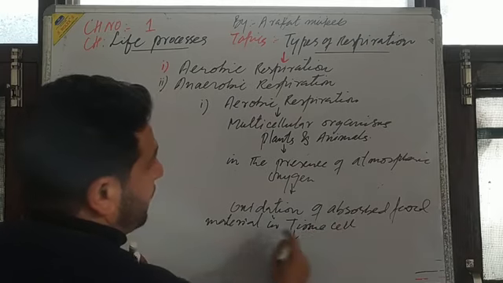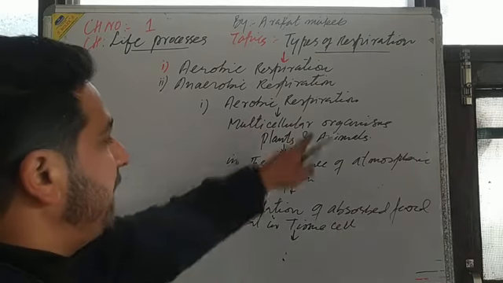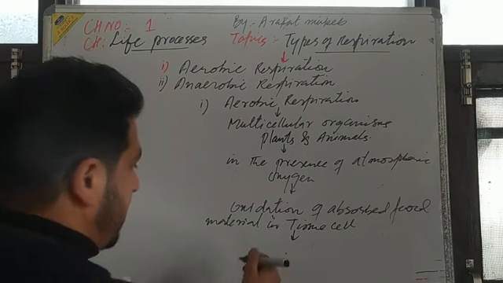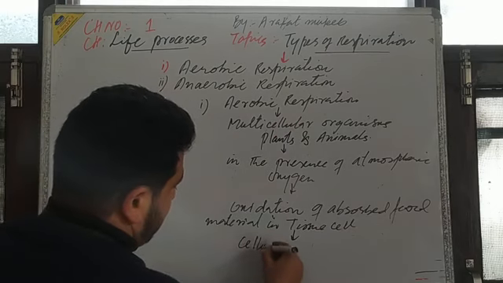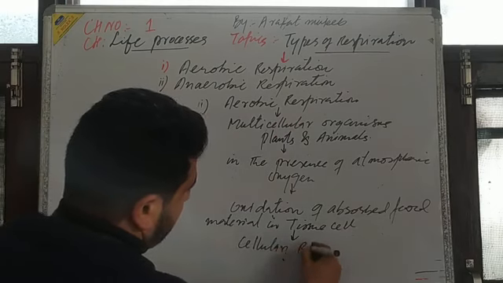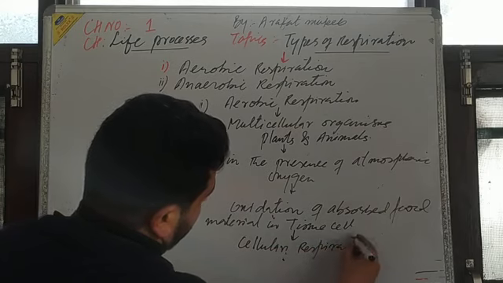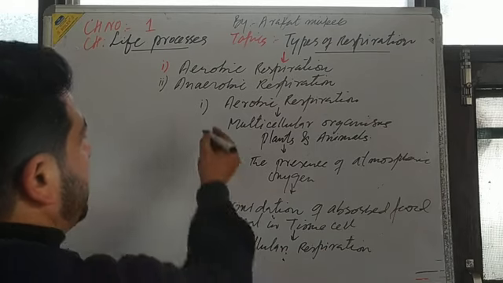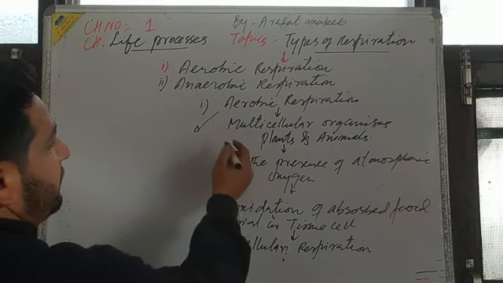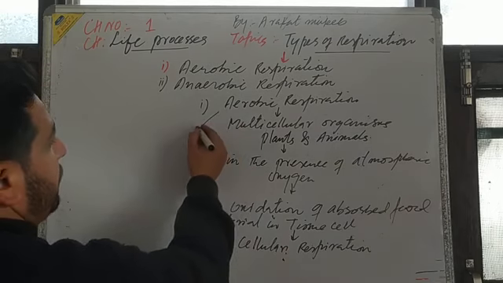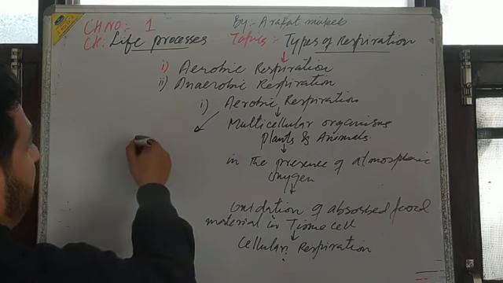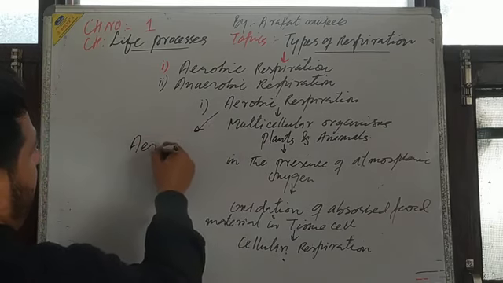Therefore this type of respiration, aerobic respiration, is sometimes known as cellular respiration. Aerobic respiration takes place usually in multicellular organisms. Those are known as aerobes.